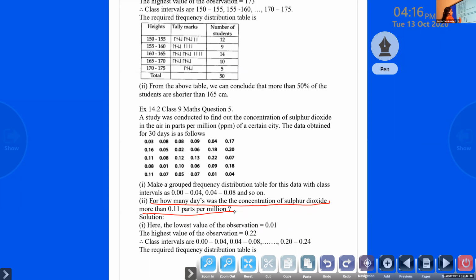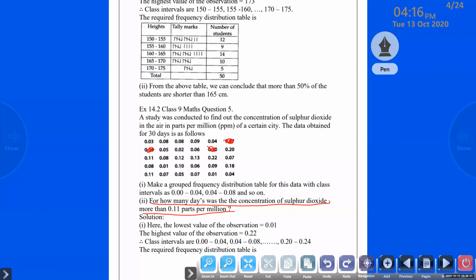First row, 0.16. First row, 0.17. Second row, 0.17, 0.16, 0.18.